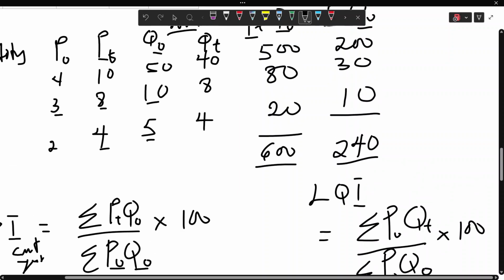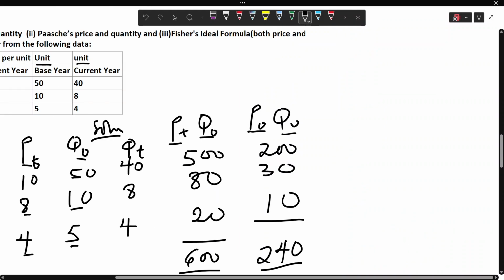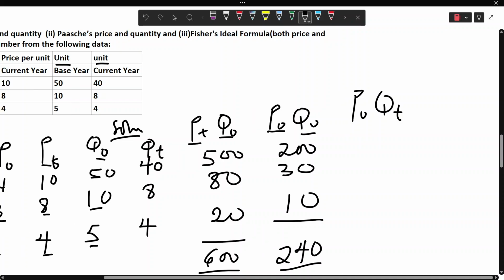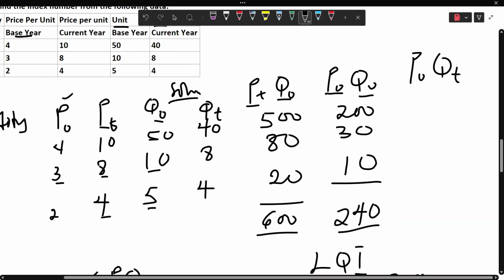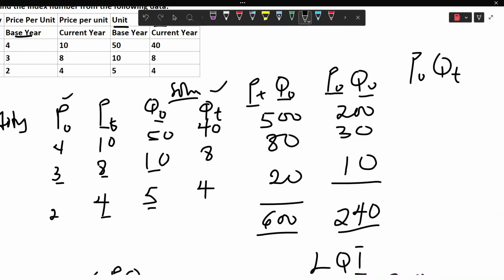So we have to create another column for base year prices and current year quantity. Where are the base year prices? We have it here, and the current year quantity. The first one is 4 by 40, 160.